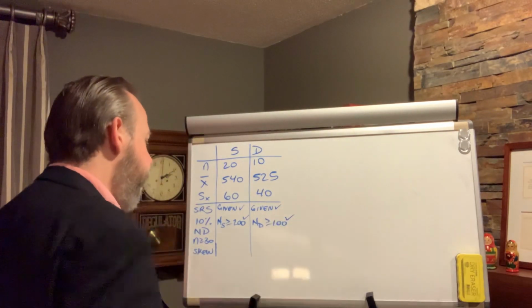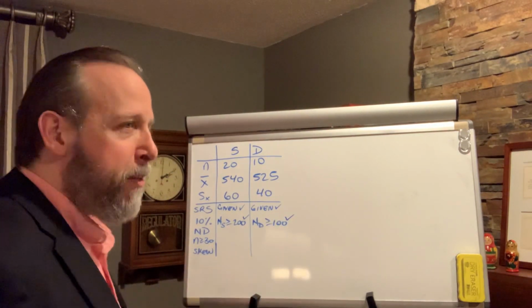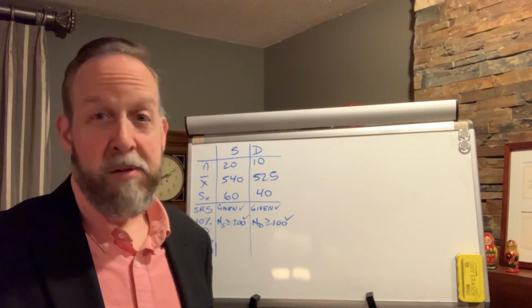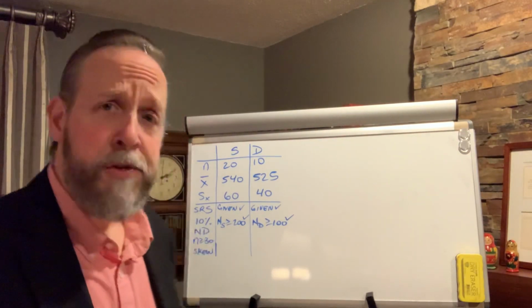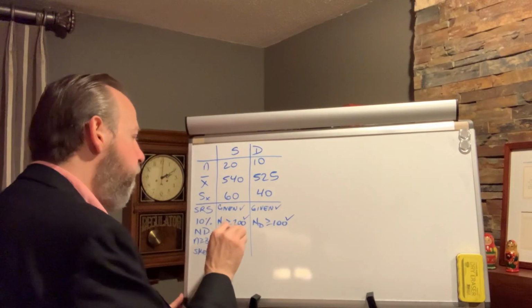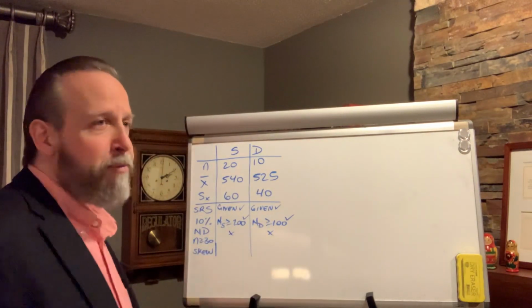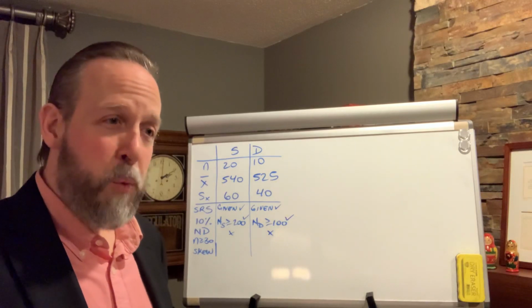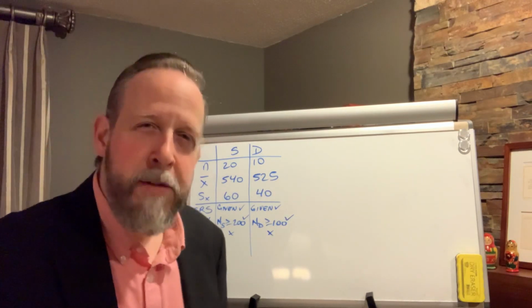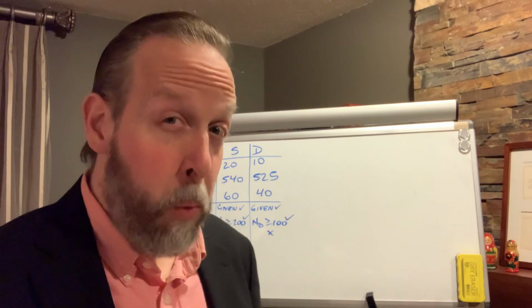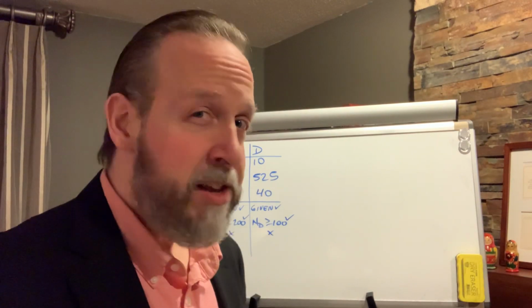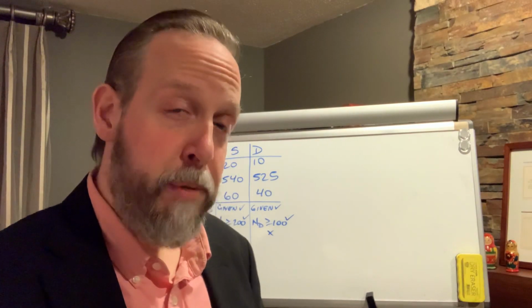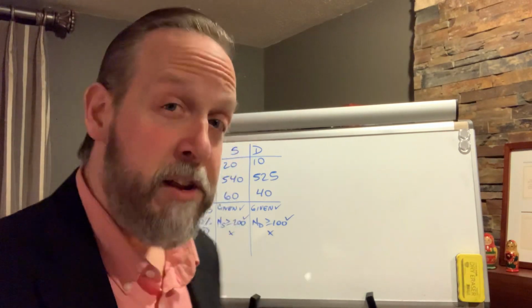So, yeah. Now, is the population normally distributed? Well, I didn't tell you it was, so you can't assume that. So that's a no. Is our sample size at least 30? Clearly it's not. We have 20 on one and 10 on the other. And to be honest, even if we had one sample size that was at least 30 and the other was not, we still could not move forward. They both had to be at least 30 for that part of the condition.